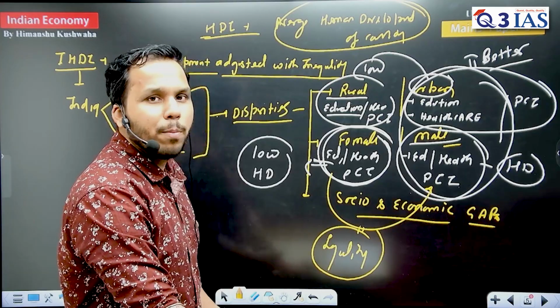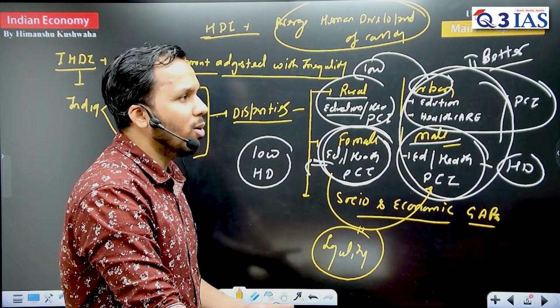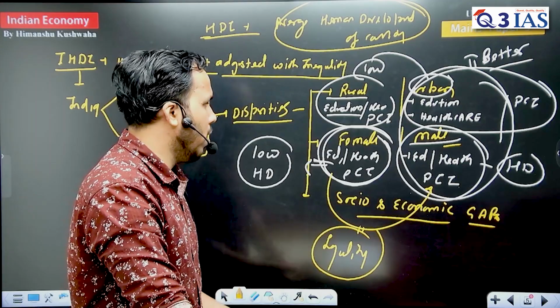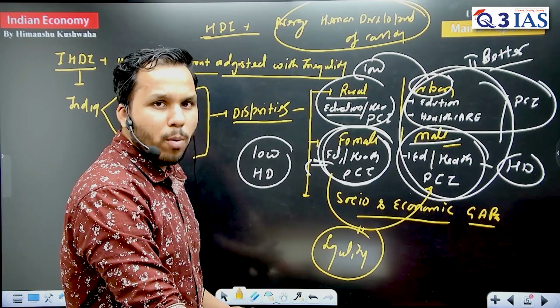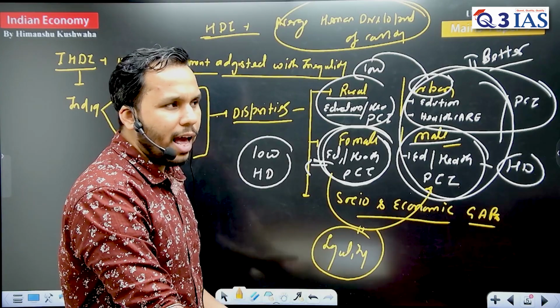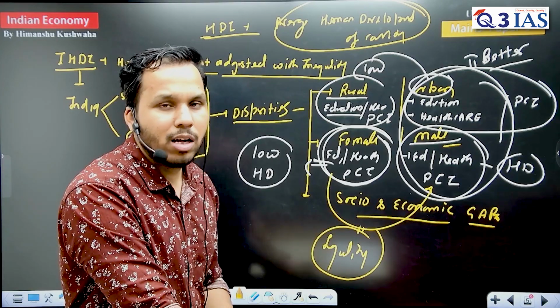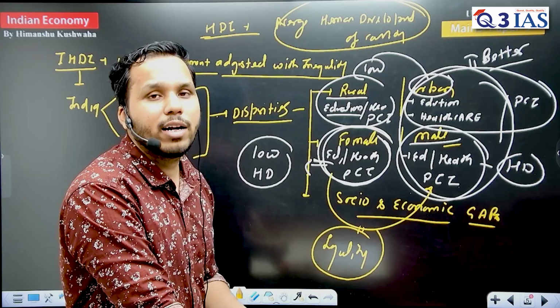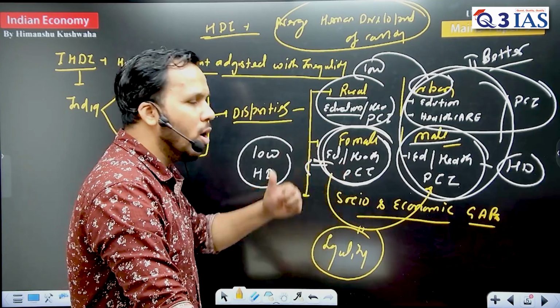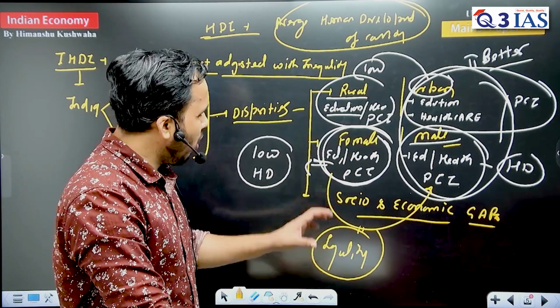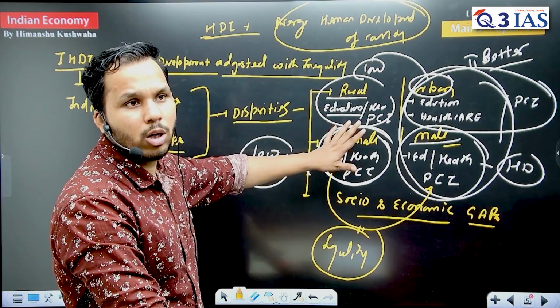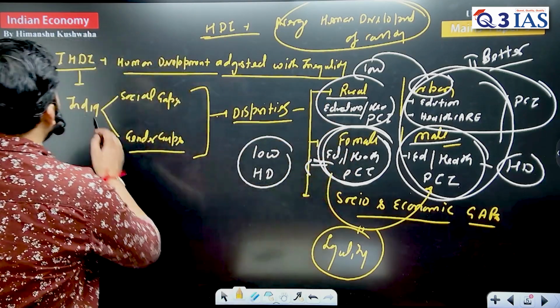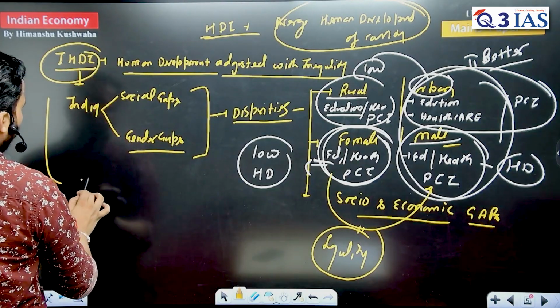Gender disparities also exist, and males generally have better human development ranks and values compared to females. So, reflecting this inequality, the UNDP publishes IHDI.